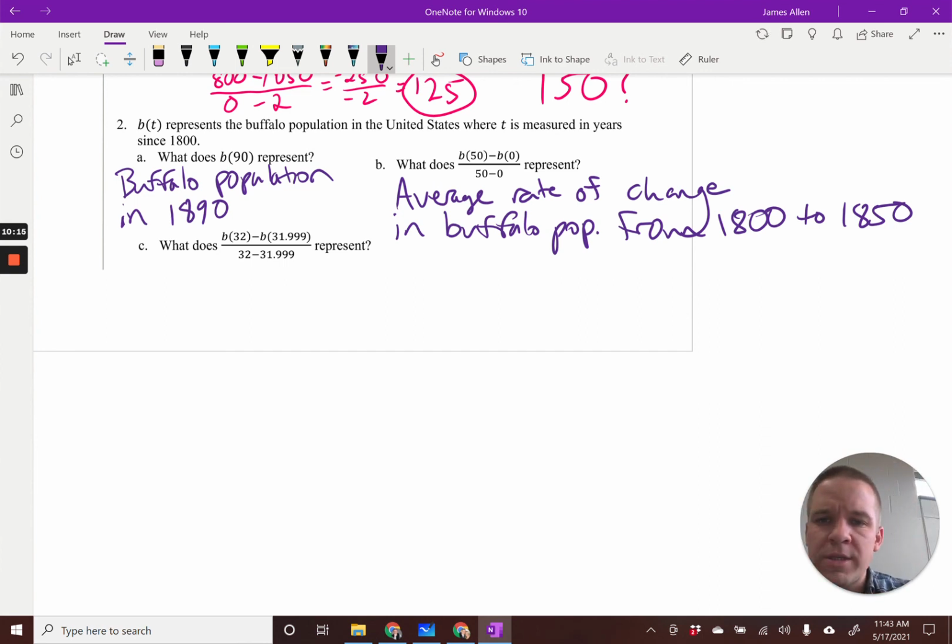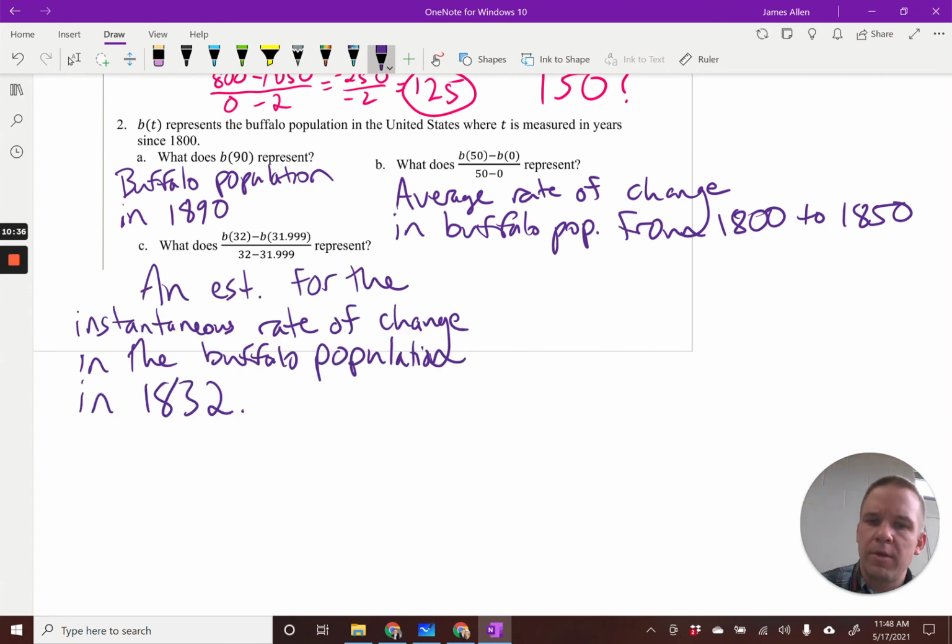Cool. And then what does B of 32 minus B of 31.999 over 32 minus 31.999 represent? So this would be an estimate for the instantaneous rate of change of the buffalo population in 1832.